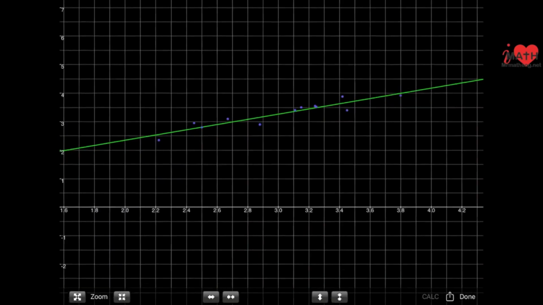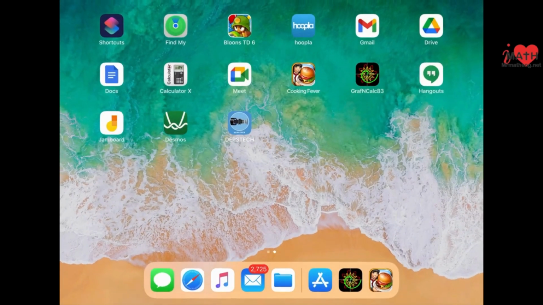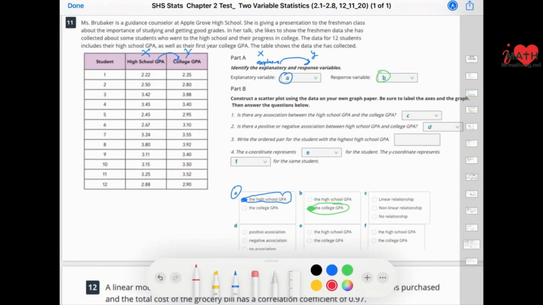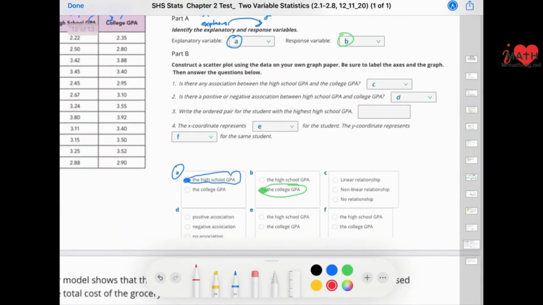Okay, there's my graph. So what do you guys think? Describe it, SHS. Shape, linear. Unusuals, no. Direction, positive. Strength, strong. That's what I would describe it with. So, is there association? Yeah, I think it's C. I think it is linear.